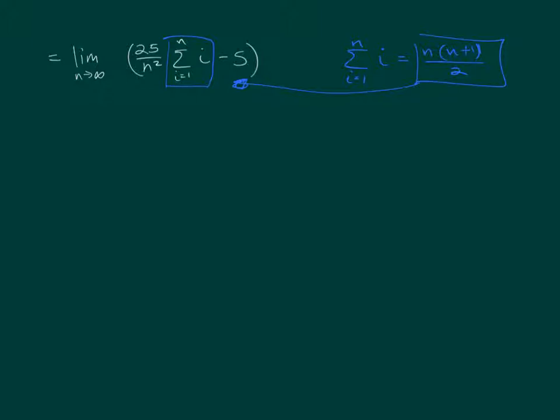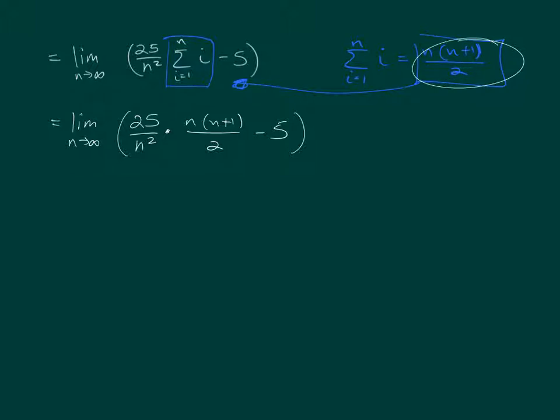So we can rewrite the limit as n approaches infinity of 25 over n squared times this sum over here. This is n times n plus 1 over 2 minus 5.